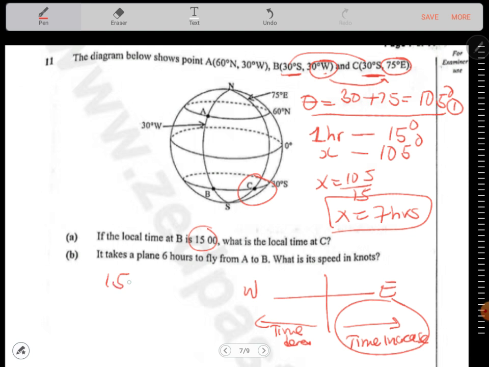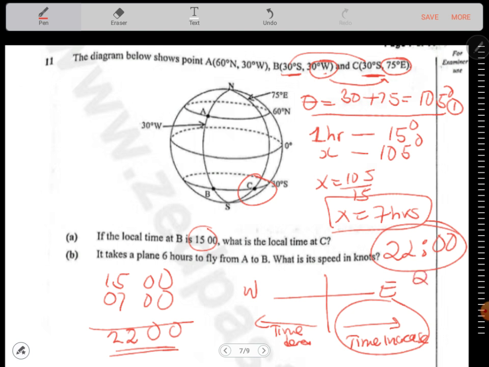So we have 15 hours plus 7 hours, which is 22 hours. Don't dare be tempted to say 22 hours written as 2200 hours incorrectly. In mathematics, this means 22 divided by 0, 0. So take note of that. So the time here is 22 hours at C.